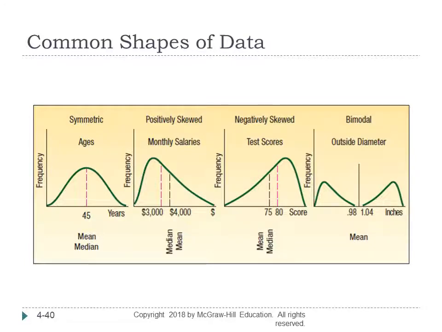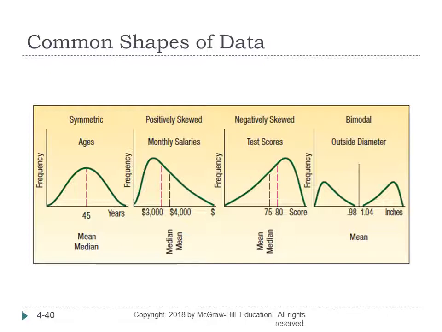The next graph, the peak here, the highest value, is more to the right. The long tail is to the left. We say that this graph is negatively skewed or skewed to the left. Here you notice the mean is smaller than the median.